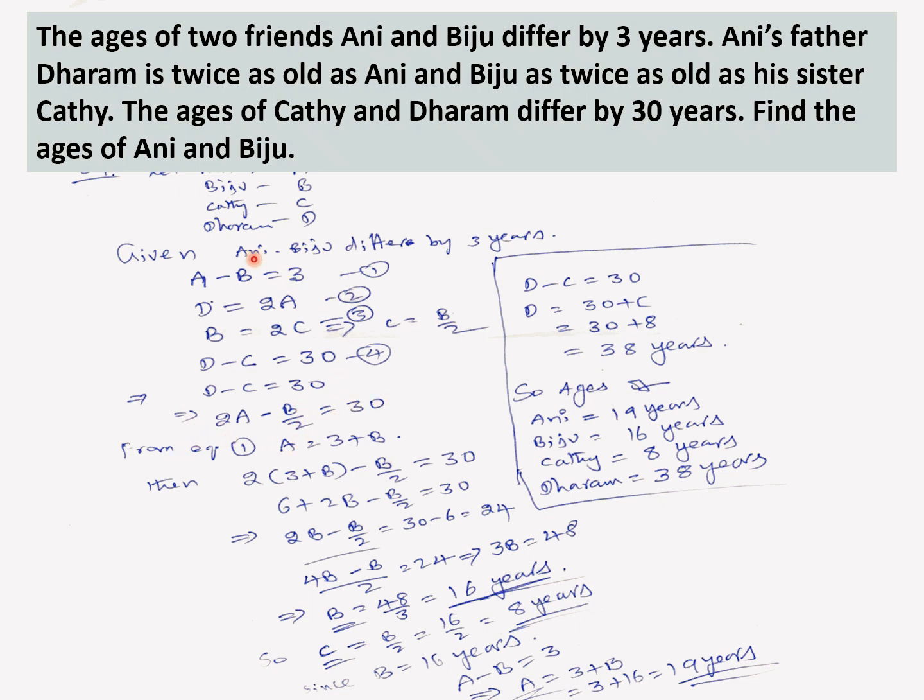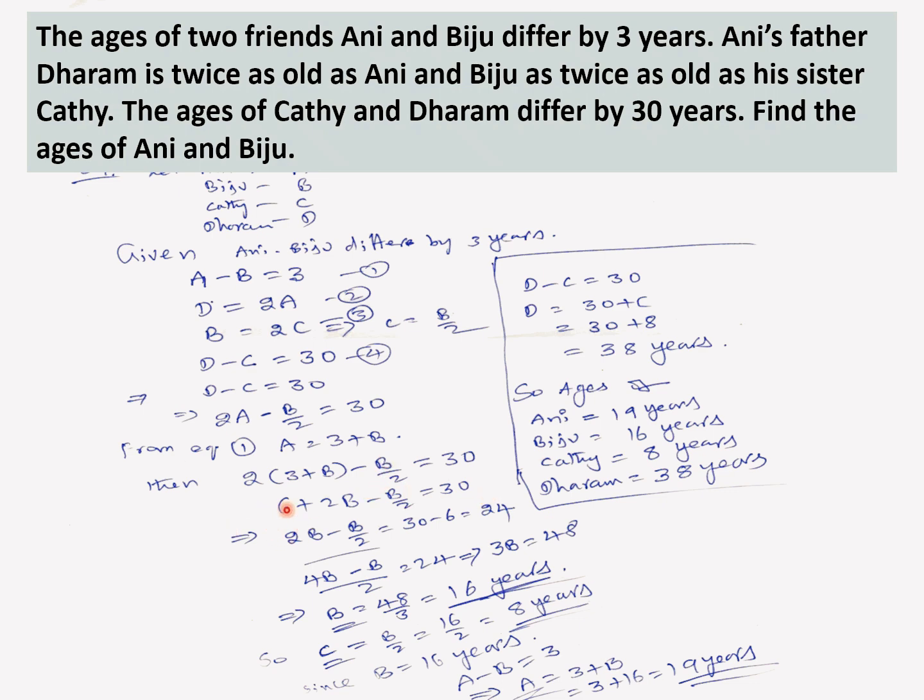From equation 1, you know the A value in terms of B, so A equals 3 plus B. Substitute the A value in this: 2 into 3 plus B, minus B upon 2, equals 30. So this is 6 plus 2B minus B upon 2 equals 30.